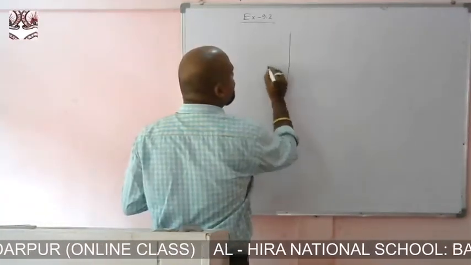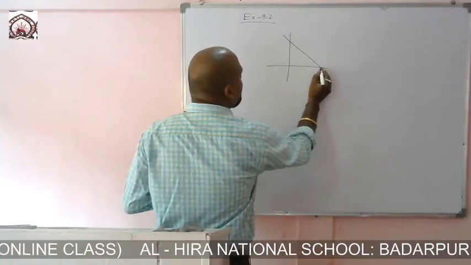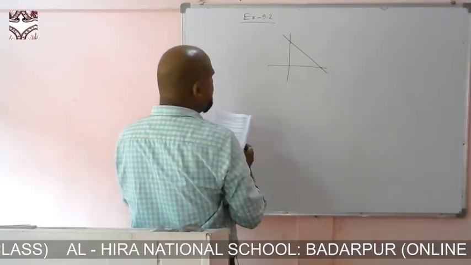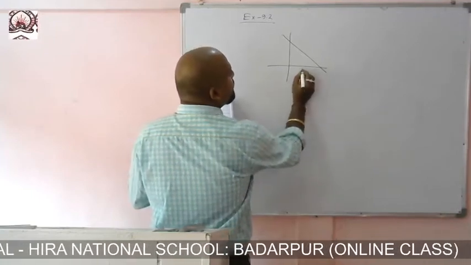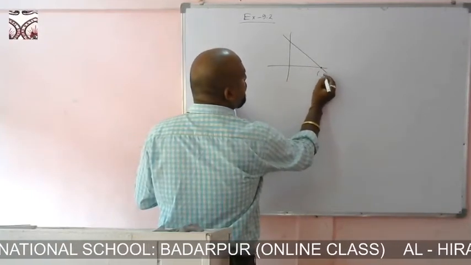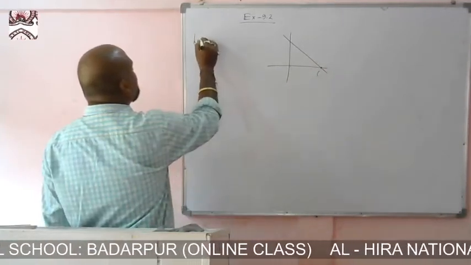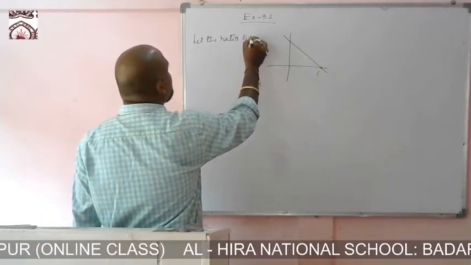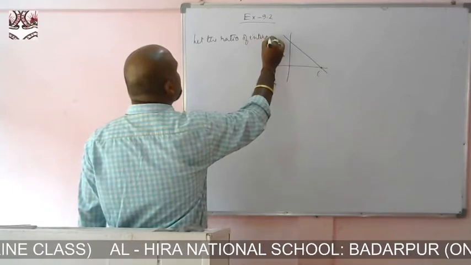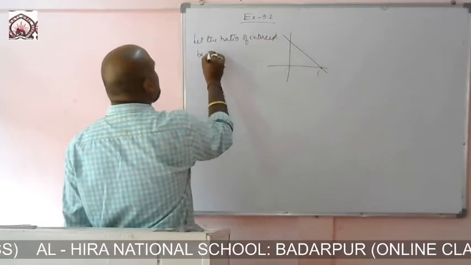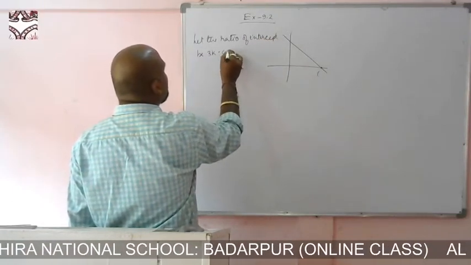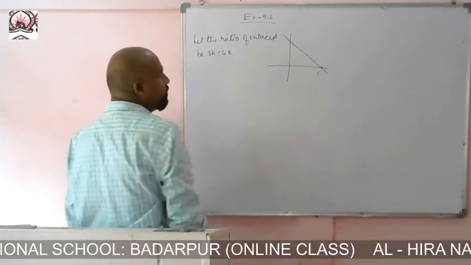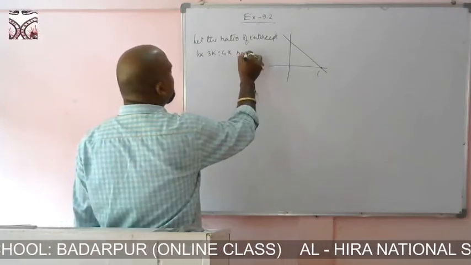The ratio of the intercepts is given as 3:4, which means if the x-intercept is 3k, then the y-intercept will be 4k respectively.